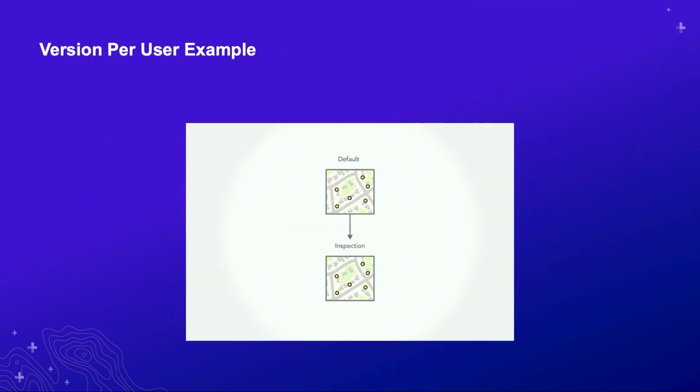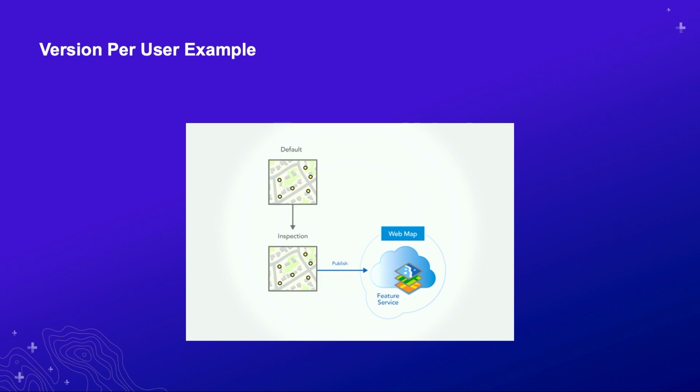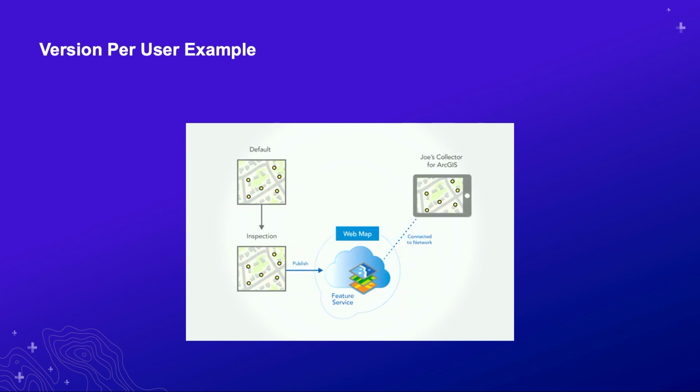So let's have a look at this in a graphic form. We've got my inspection map, and it's hitting the default version. Again, it's included in a web map for inspections. Joe takes the inspection map offline, and there's a version created for Joe.